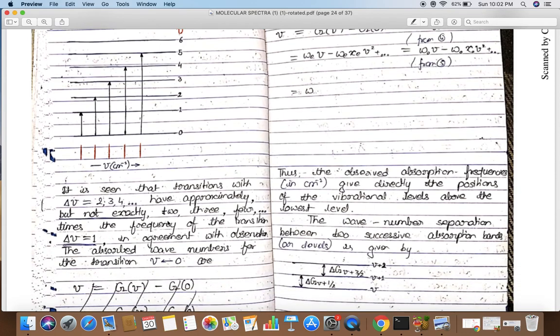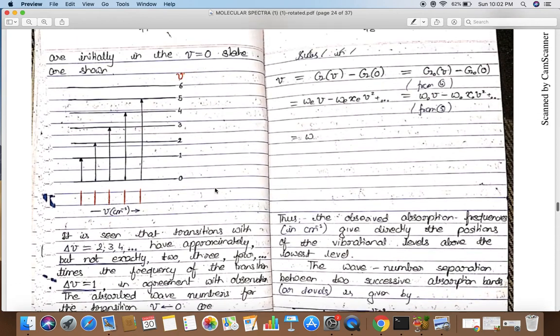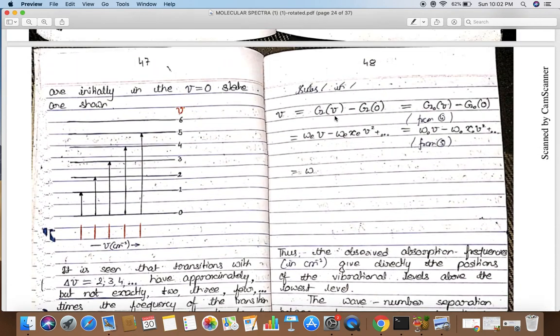So it is seen that the transitions with delta nu equal to 2, 3, 4 have apparently, but not exactly, 2, 3, 4 times the frequency of the transition delta nu equal to 1. In agreement with that observation, the observed wave number for the transition from nu equal to 0, the ground level, to some higher energy level nu, is omega of nu minus omega of naught.